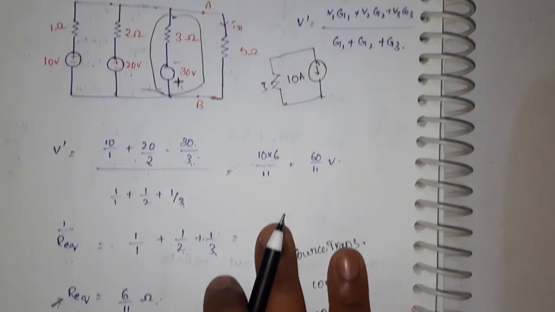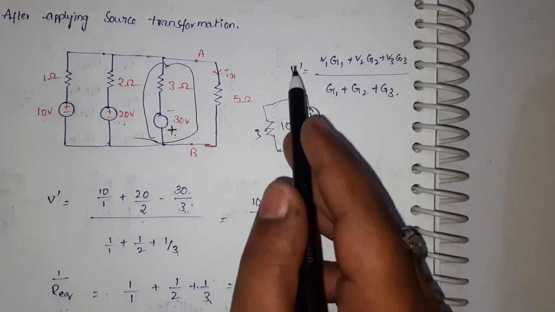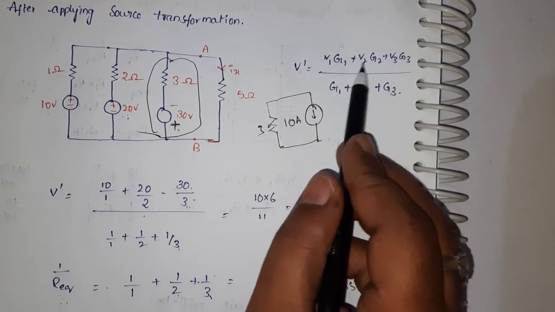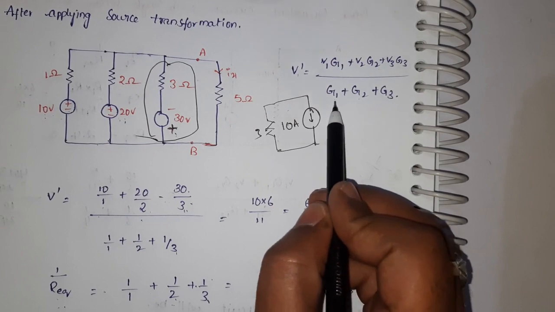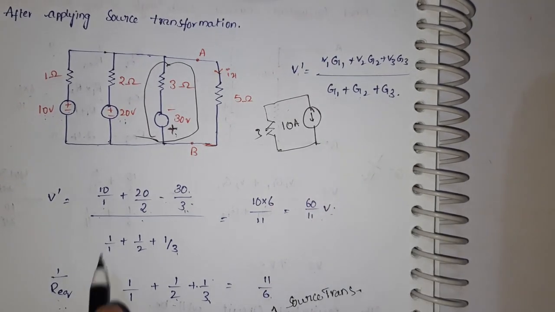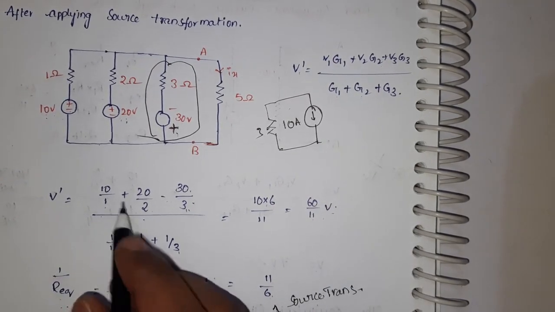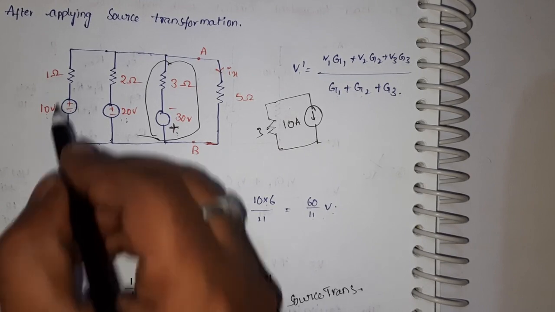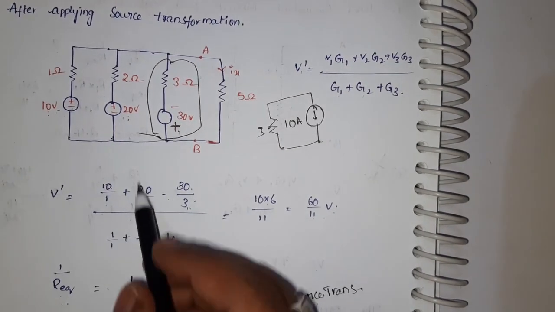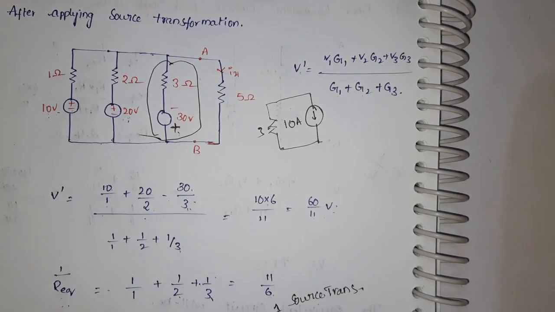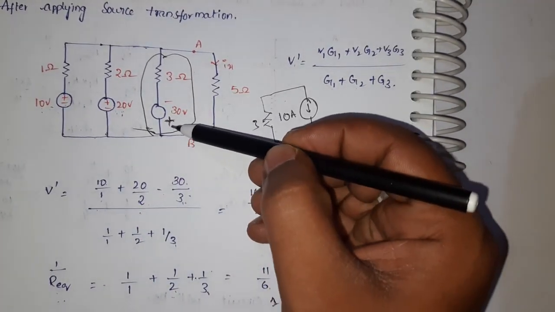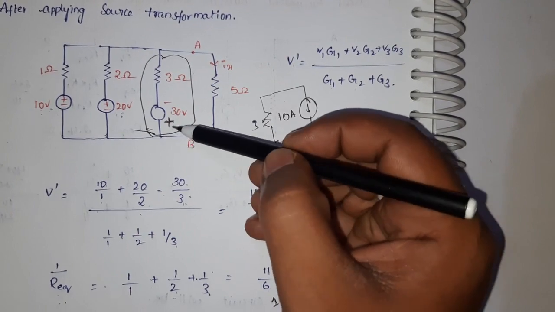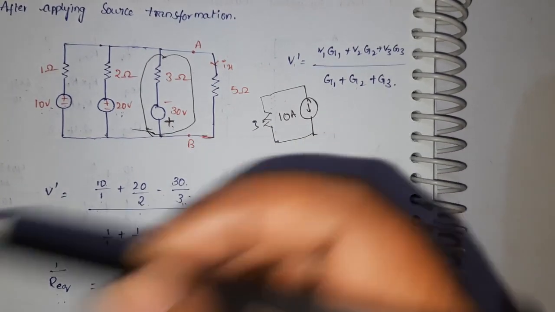Now applying Millman's theorem formula, V equal to V1 G1 plus V2 G2 plus V3 G3 by G1 plus G2 plus G3. So what is the value of V1 G1? 10 by 1, V2 G2 is 20 by 2, and just now we have discussed if polarity is reversed, we must take a negative value in the formula.